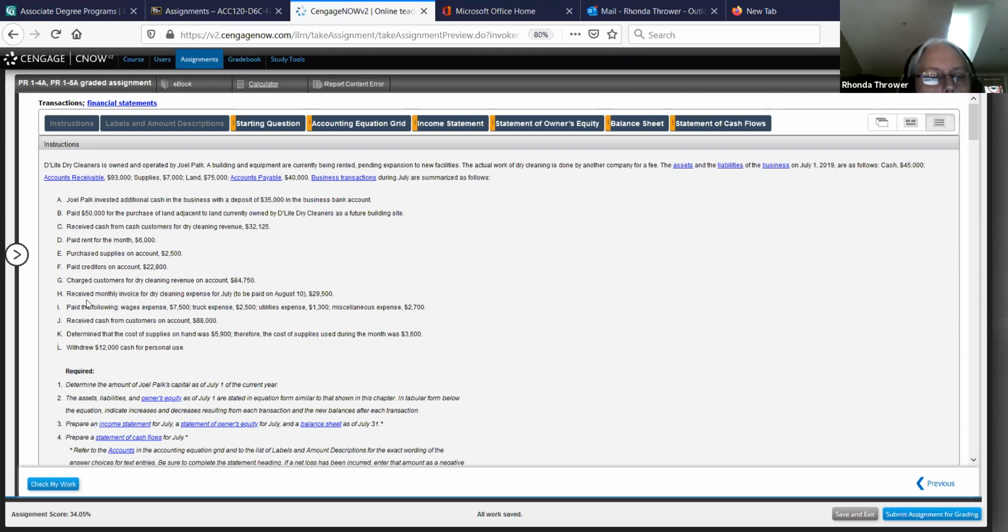It says that you've received a monthly invoice for dry cleaning expense for July that is going to be paid on August the 10th for $29,500. So in this case, we're the company and we are receiving an invoice from whoever is charging us for that dry cleaning expense. We're not going to pay it until next month.